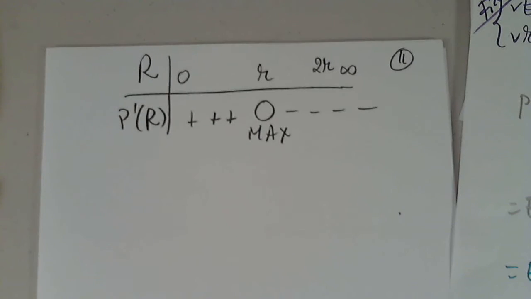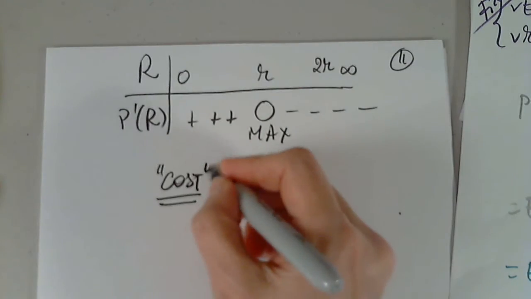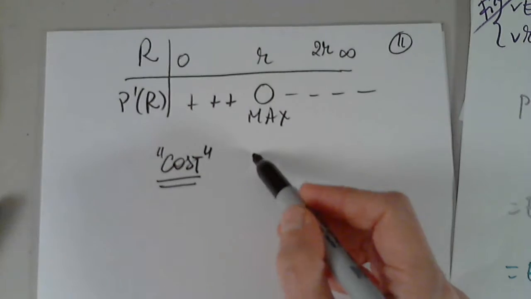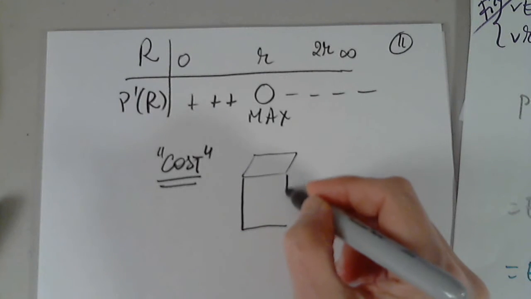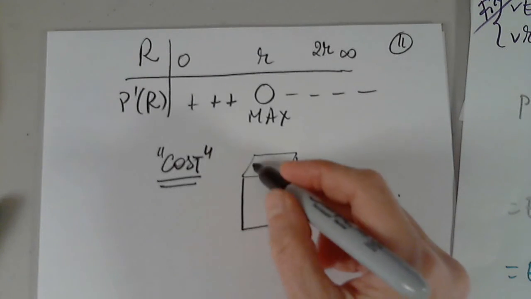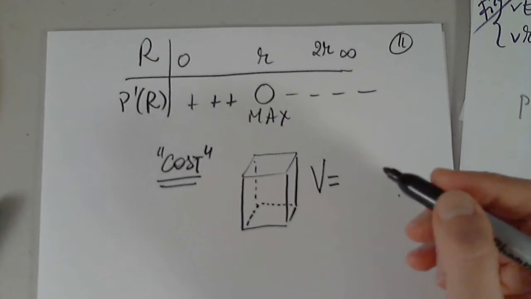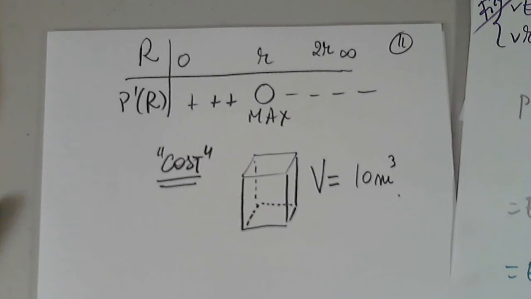Okay, let's look at the problem with the cost. A rectangular storage container with an open top is to have a volume of 10 cubic meters.